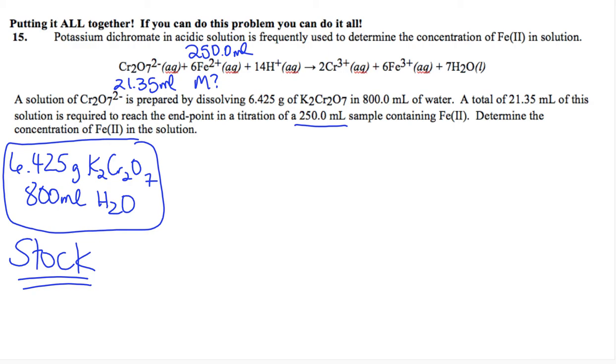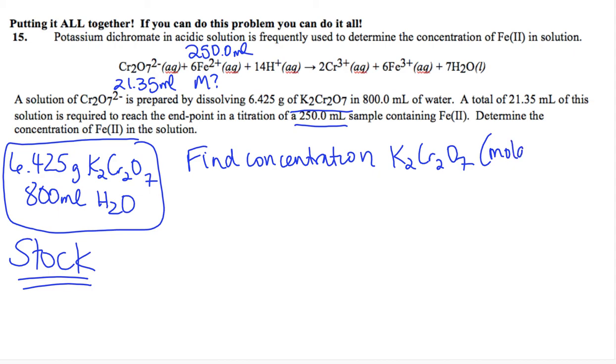So what I need to do first, simply enough, is find the concentration of, now notice, what did I take grams of? Potassium dichromate, not just dichromate. So find the concentration of our potassium dichromate, meaning find the molarity. So can we do that?